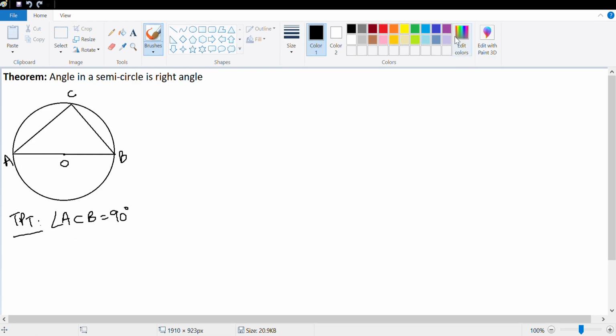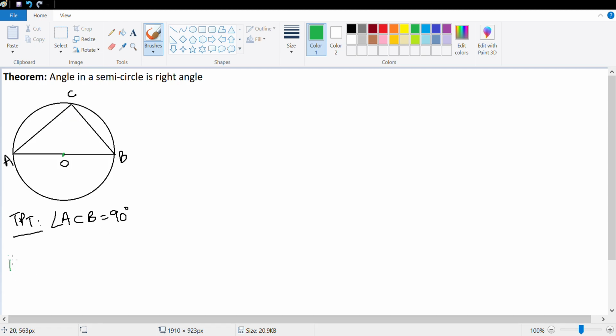It says angle in a semicircle is a right angle. So in this case, AB is basically the diameter, O is the center of the circle. I need to prove that angle ACB is 90 degrees. So let's see how we can prove it.